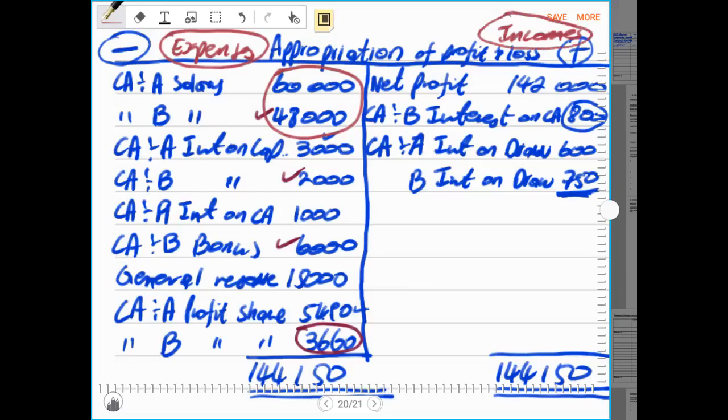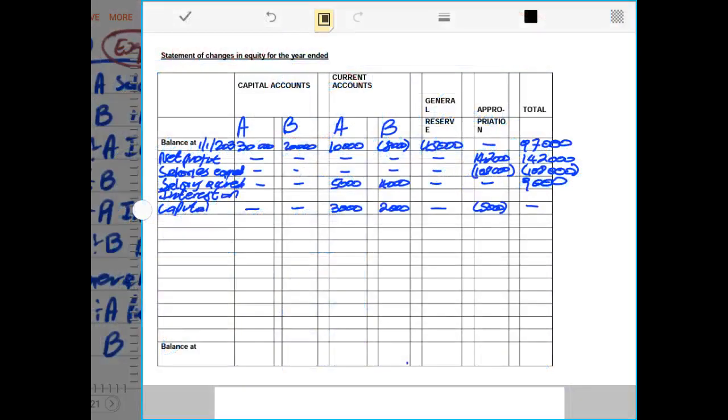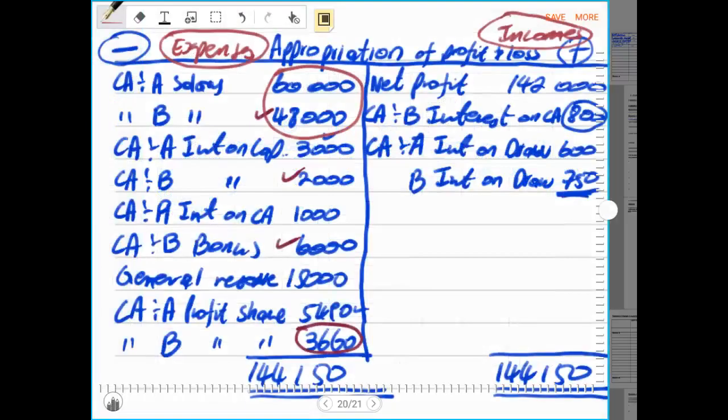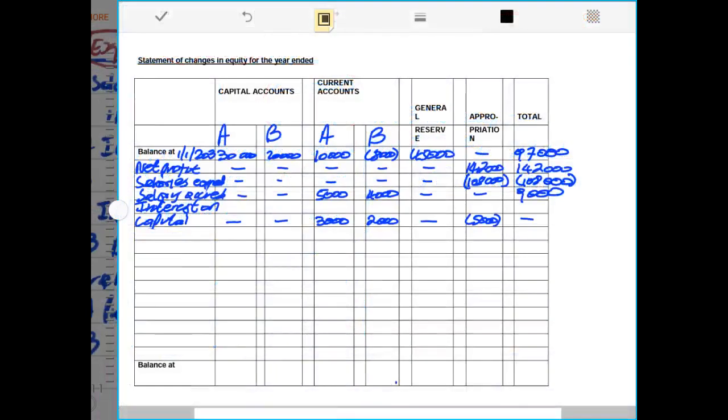So to show that an amount is an expense of a partnership, it must be negative under the appropriation account. That means all the expenses that are on the debit side must be recorded as negative in the appropriation column in the statement of changes in equity.